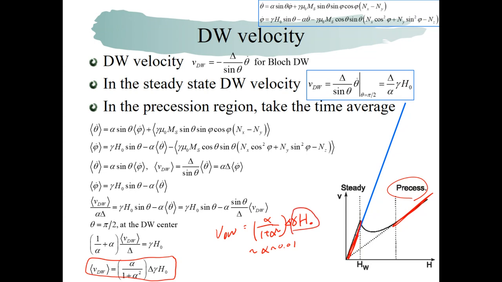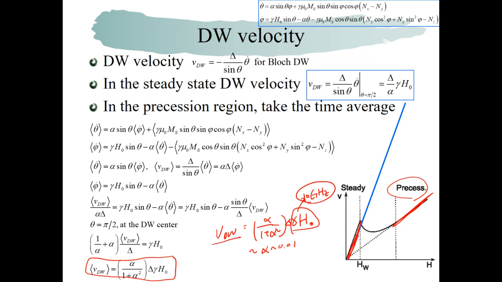And this gamma, I already said many, many times, if we multiply the gamma by the field, we can obtain the frequency. And you may know this is a frequency of order of gigahertz, sometimes 10 gigahertz with a strong field. This is the unit of inverse of time.